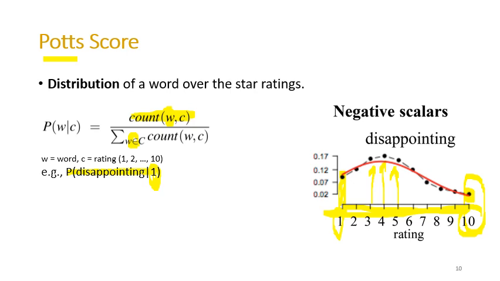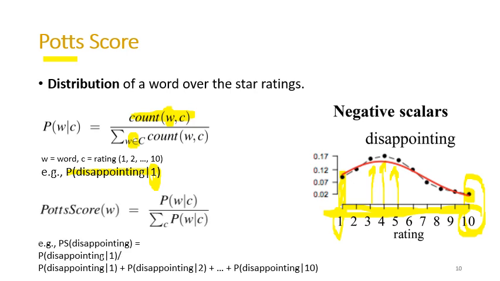And then next, to get the Potts score, we divide the probability of seeing the word in that class by the sum of probability of seeing that word in all classes.